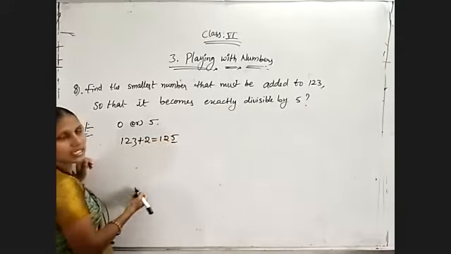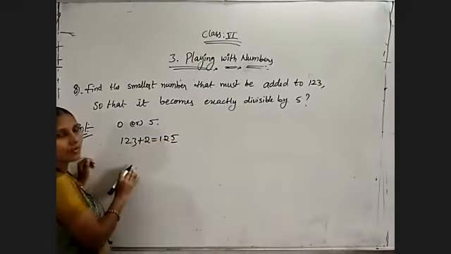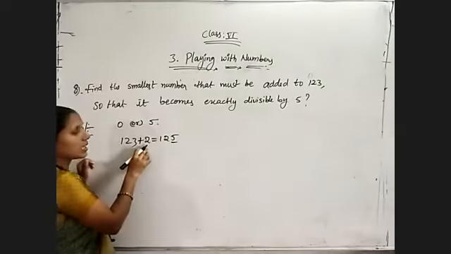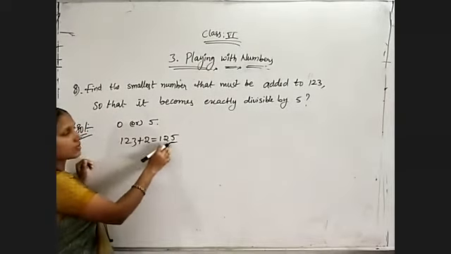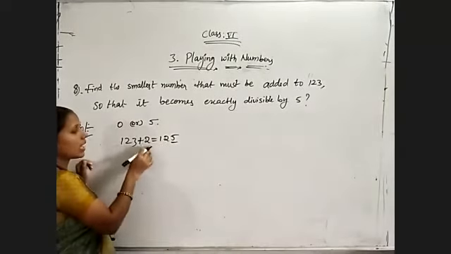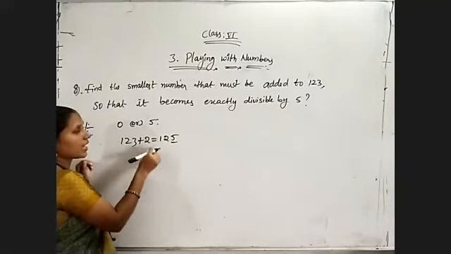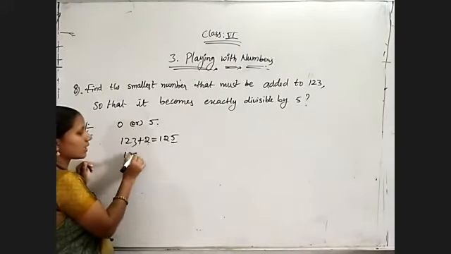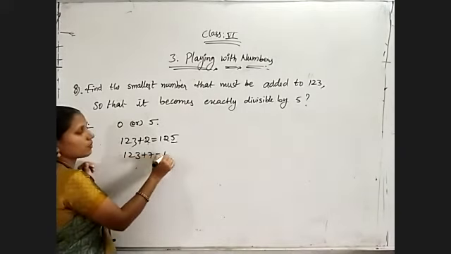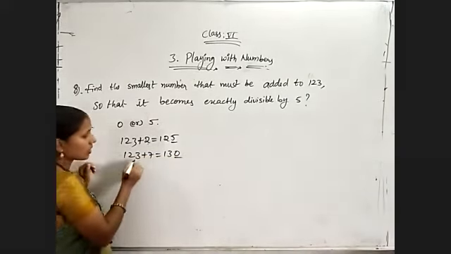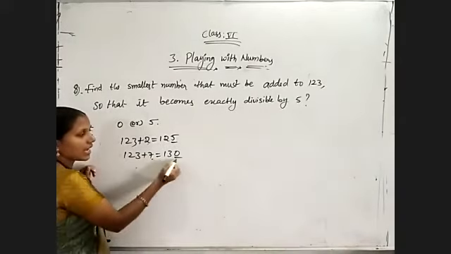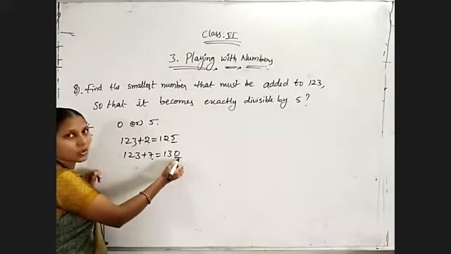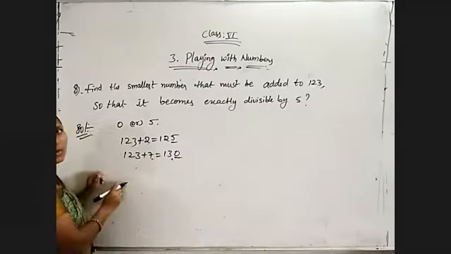I got 5 in its unit place, so it is divisible by 5. Next, if I add 3, 123 plus 3 is 126. Like that, 2 plus 5 is 7, so 123 plus 7 is equal to 130. By adding 7, I get 0 in the unit place, so this number is also divisible by 5.